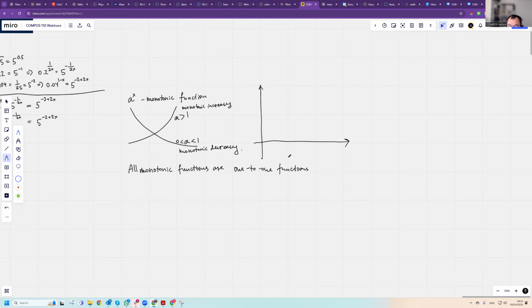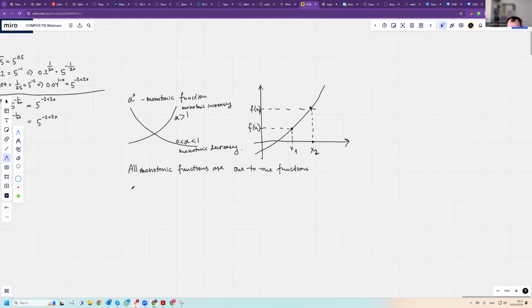So monotonic means one-to-one functions, and that means if this is x1 and this is x2, f of x1 and f of x2 are always different numbers, so it's a one-to-one function.